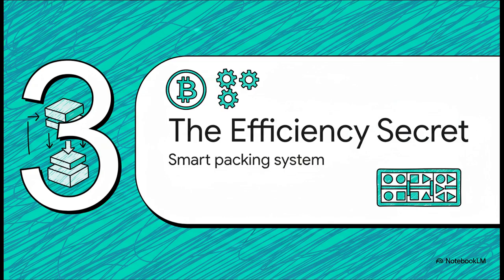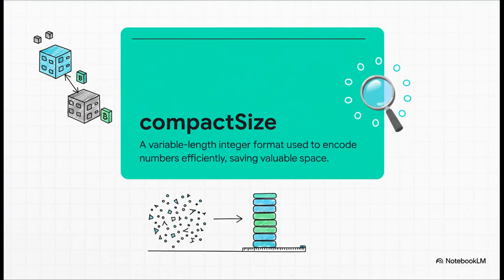Section 3, the CompactSize efficiency secret. The way Bitcoin stores that simple little input counter, well, that's where we find this brilliant example of its smart packing system. This whole magic trick is called CompactSize. The official name is a variable length integer format, and its one and only job is to encode numbers using the absolute minimum amount of space possible.